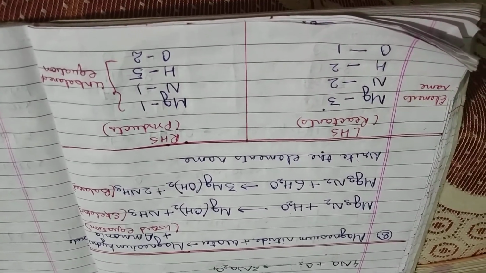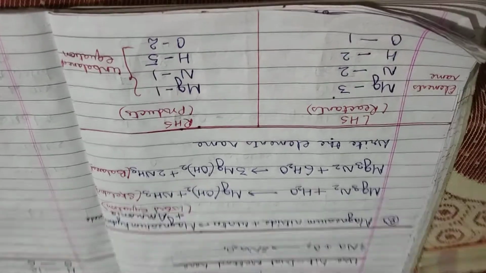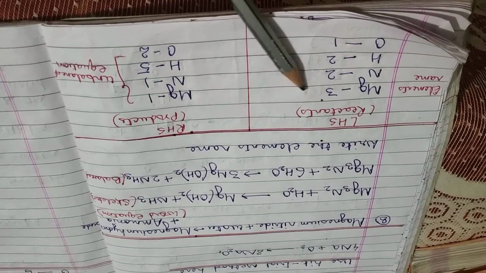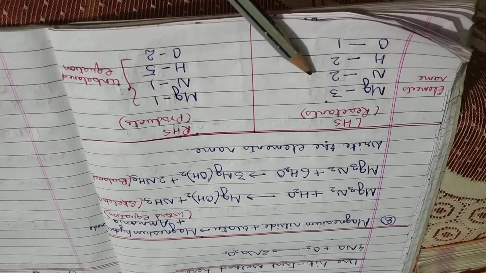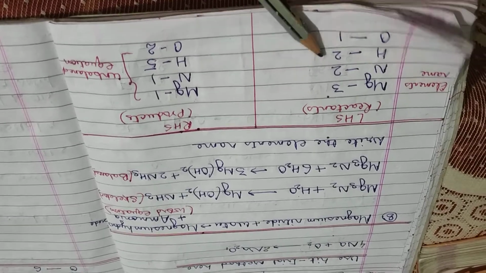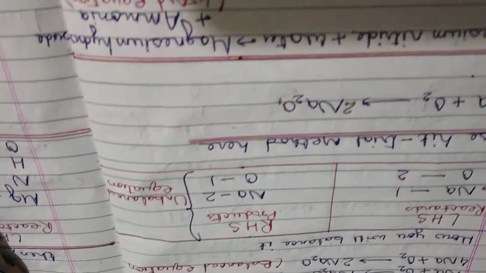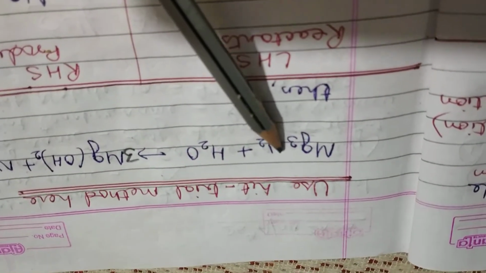Now another is nitrogen. Nitrogen on the left hand side has only 2 atoms. Then what will we do here? Now we will balance the nitrogen first, because in the magnesium nitrate, N is 2 here.